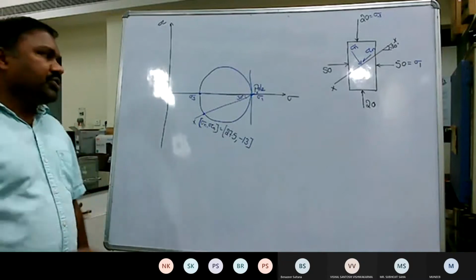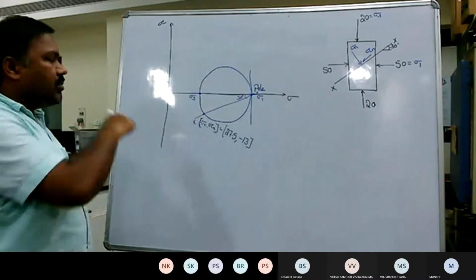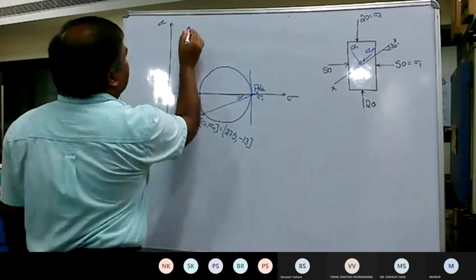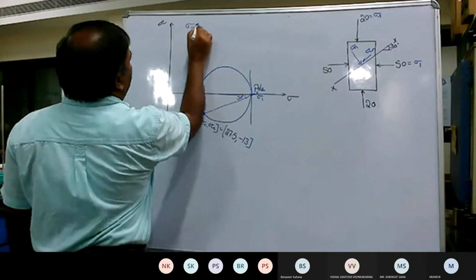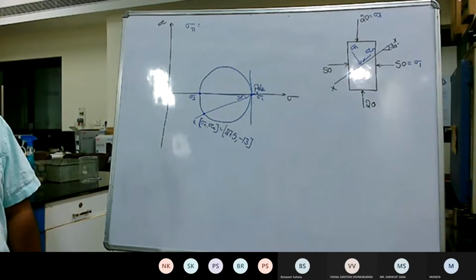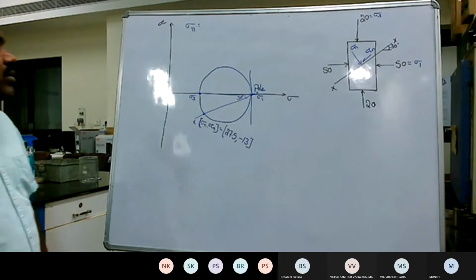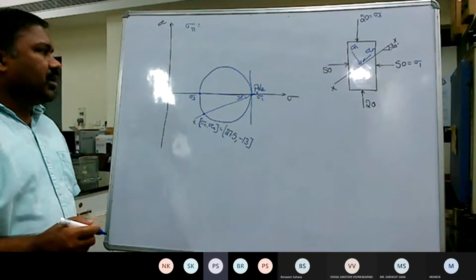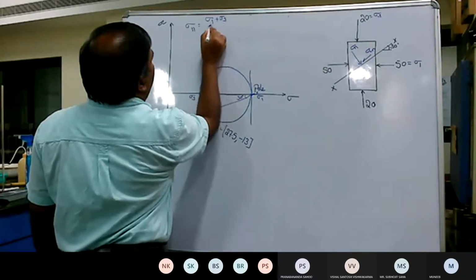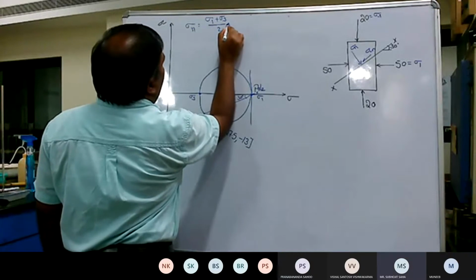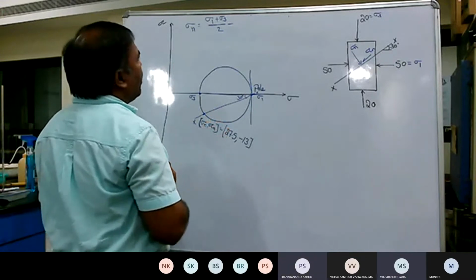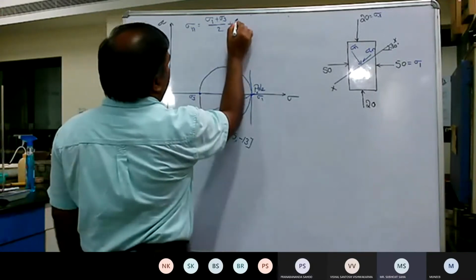Alternatively, we can also determine sigma n and tau n by analytical means. Suppose you determine sigma n by analytical means, what is the equation? Sigma n is (sigma 1 plus sigma 3) by 2 plus (sigma 1 minus sigma 3) by 2 cos 2 theta.